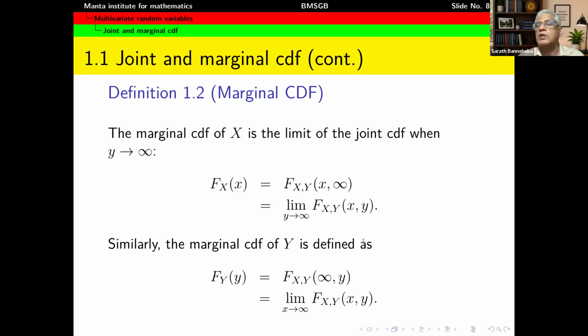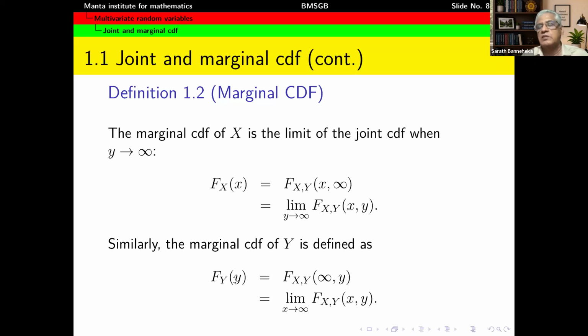So that's very clear, right? So here, this means the probability that X is less than or equal to little x is the same as the probability that X is less than or equal to little x and Y is less than or equal to positive infinity. So Y can be anything, what we are interested in is the event that X is less than or equal to little x. Similarly, in this case, we want the probability that capital Y is less than or equal to little y.